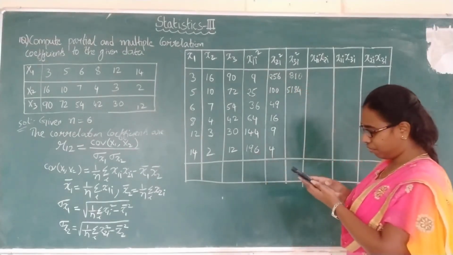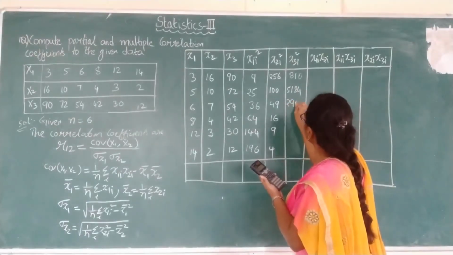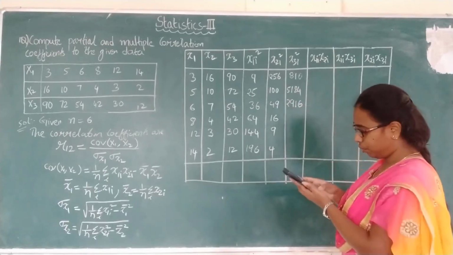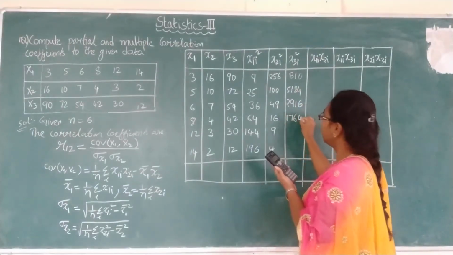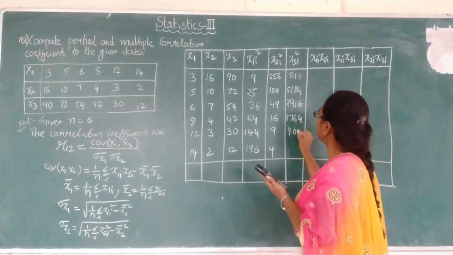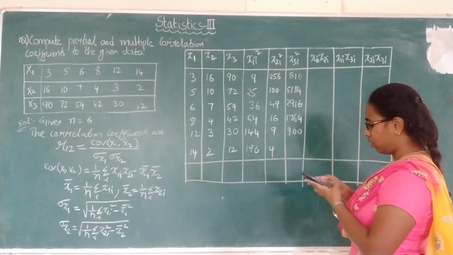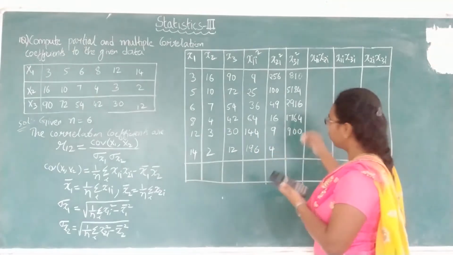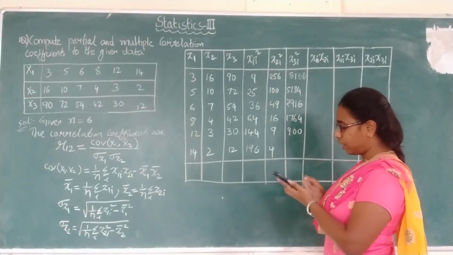Next 54 square is 2916. Next 42 square is 1764. Next 30 square is 900. Next 12 square is 144.